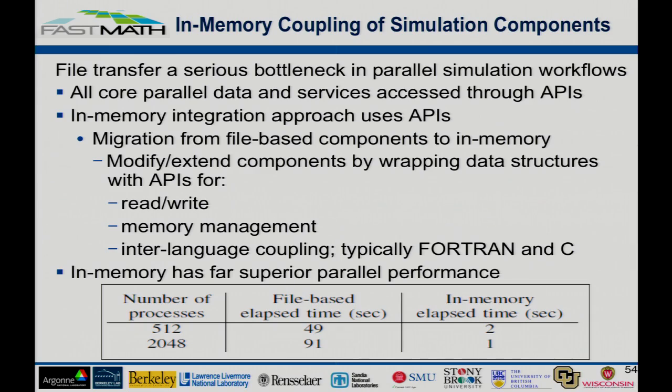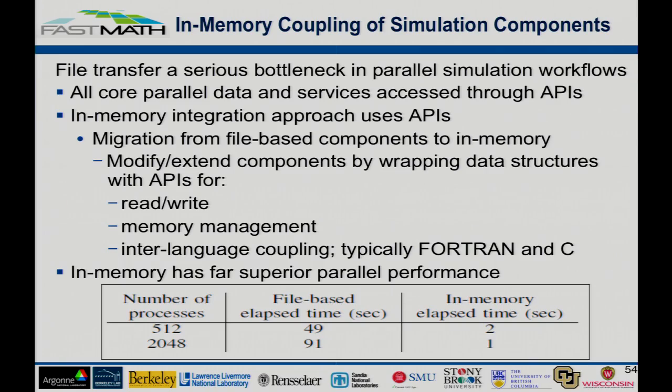But then when you start finding out that file I/O is your bottleneck, we'll tell you, if you let us in to look at your I/O routines, or you look at your I/O routines, because we've done everything with APIs, instead of loading the file structure, we'll just load your data structures directly. So the price for this is you have some duplication of data structures for at least some period of time. You can recover that, some of it you may want to maintain so you don't have to rebuild it.